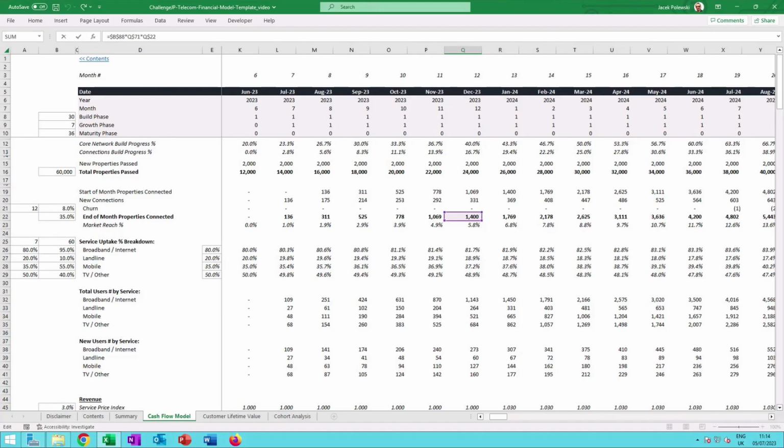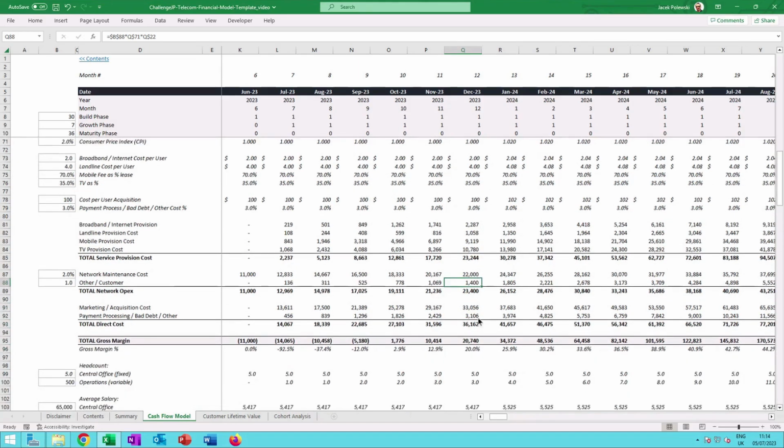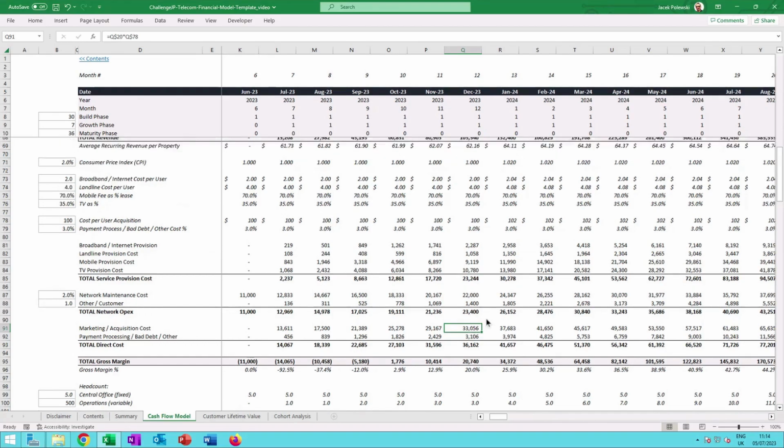And finally, I also have some acquisition costs, which will be quite an important part of this model. So for example, in our case here, we're assuming that every customer that you bring in incurs a certain acquisition cost. That's how you will calculate the marketing here. So in here we see that we are assuming in our model that the acquisition cost on average to acquire a customer will cost you $100.